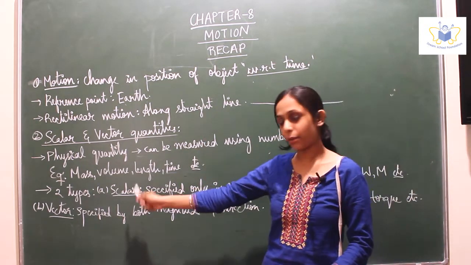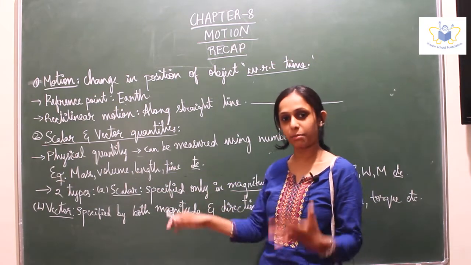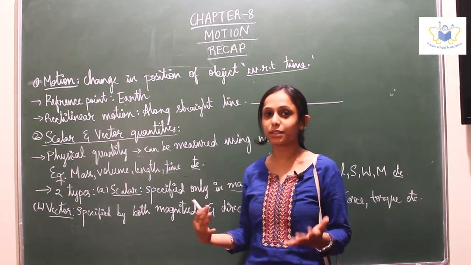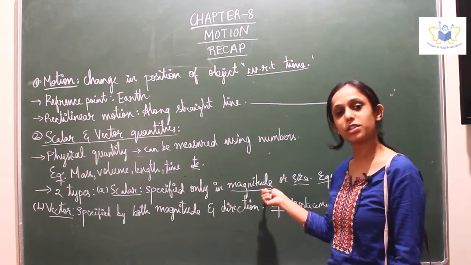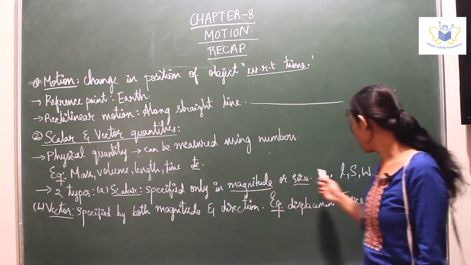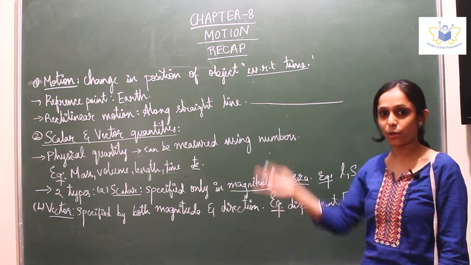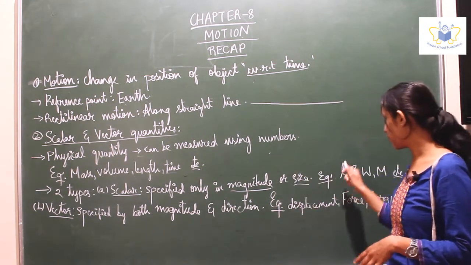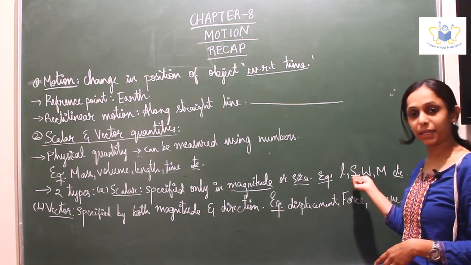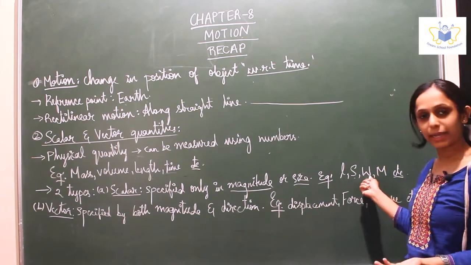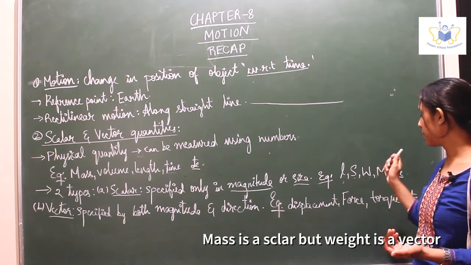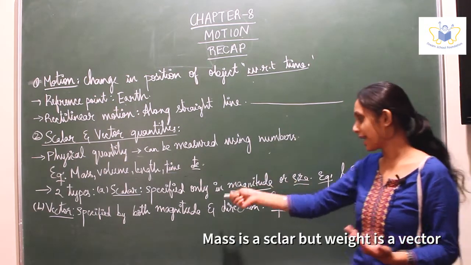So scalar quantities are specified or measured using size only. What quantities do you measure using size or magnitude? Examples are length, how long or how short it is, speed, how fast the vehicle is going, weight, and mass. So length, speed, weight, and mass are scalar quantities.